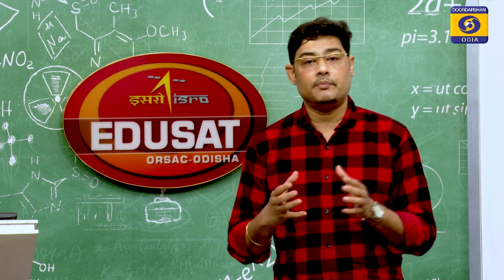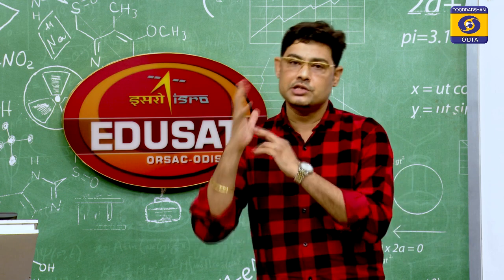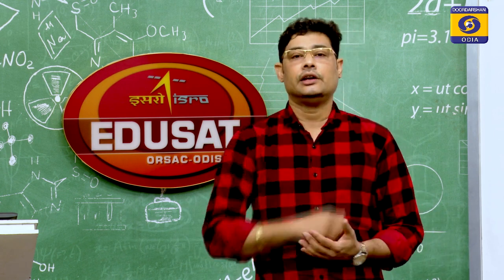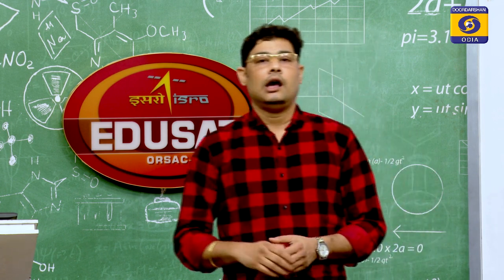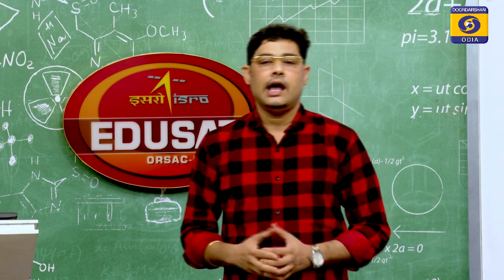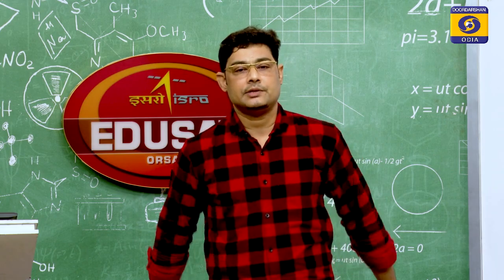Some cross pollinated plants produce not less than 5 lakh pollen grains, a mere wastage of pollen grains. That wastage is not seen in self pollinated plants. In self pollinated plants, the pollen wastage is less, the energy wastage is less, and the plant need not produce a large number of pollen grains.